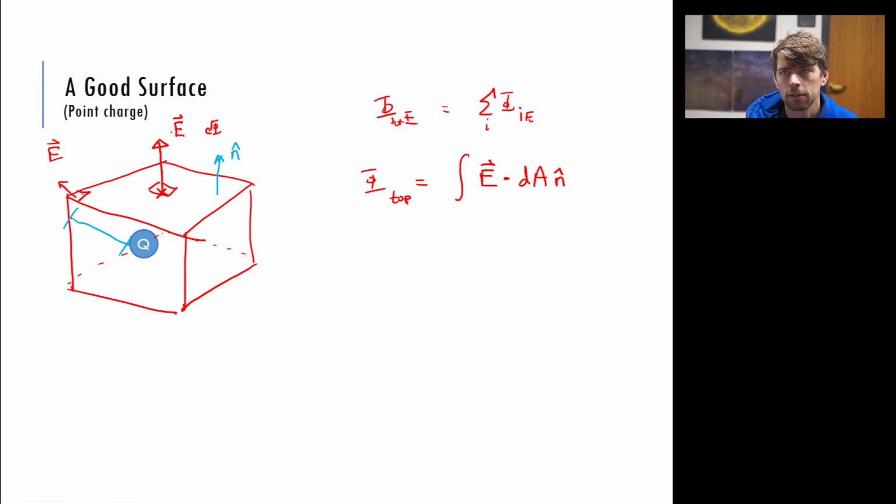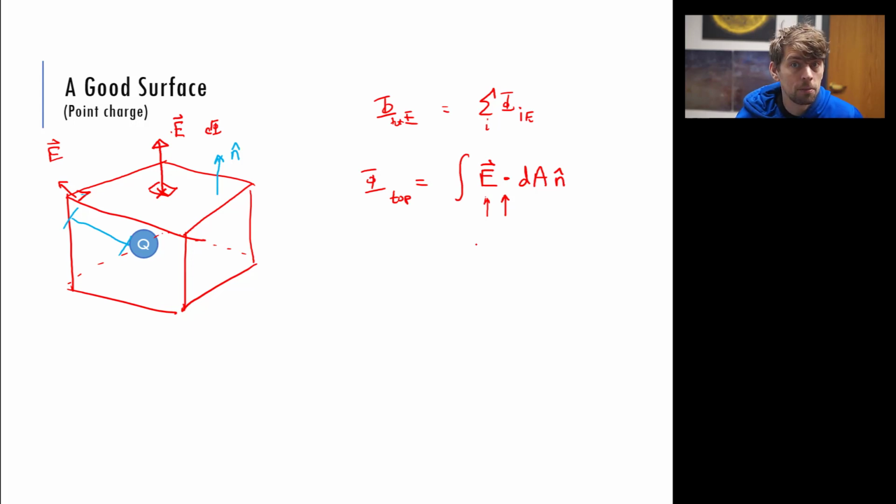Maybe like this. So not only do I have to worry about the dot product continually changing, but I also have to worry about the fact that the magnitude of the electric field changes. Now, I don't know about you, but that seems like a lot of work.